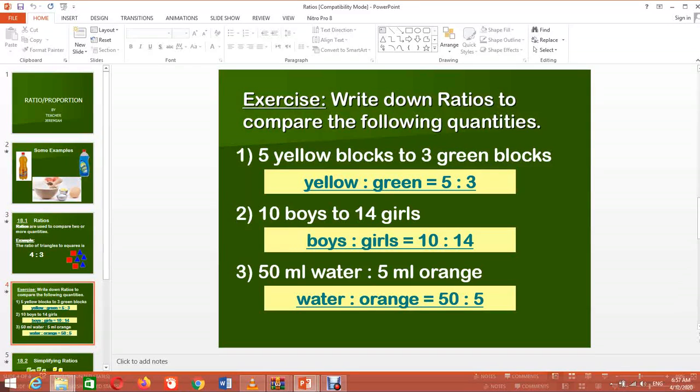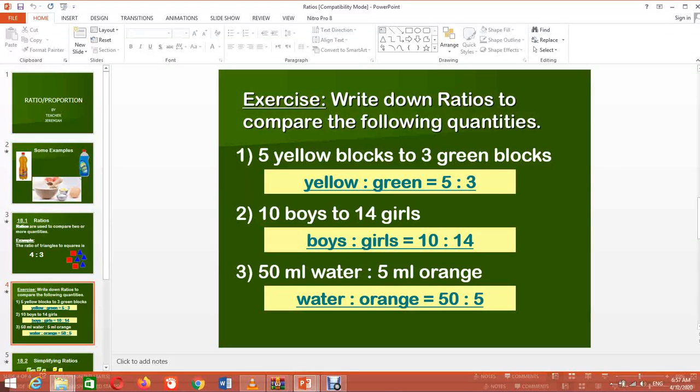Now this is an exercise. Take your notebook and pens and write down ratios to compare the following quantities. 1. 5 yellow blocks to 3 green blocks.